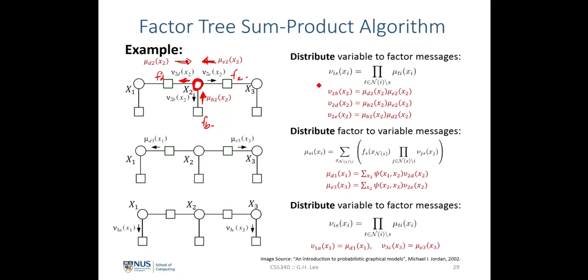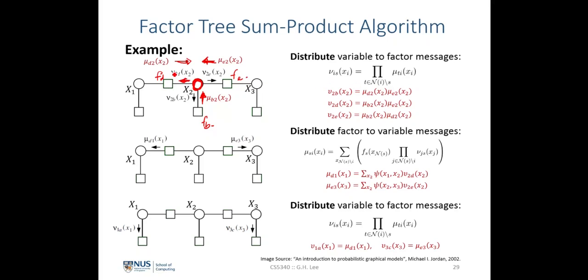And we can see that this message from the random variable x2 to the factor node fd would be defined by simply the product of all the factor to random variable messages that are in the neighborhood of x2, except for fd itself.